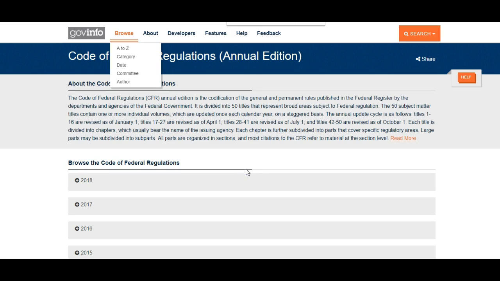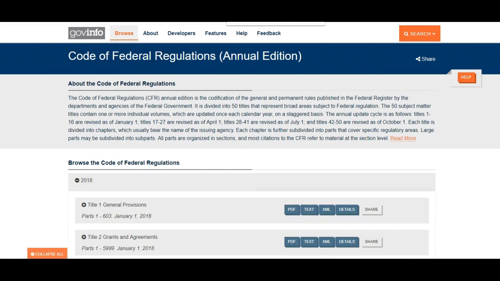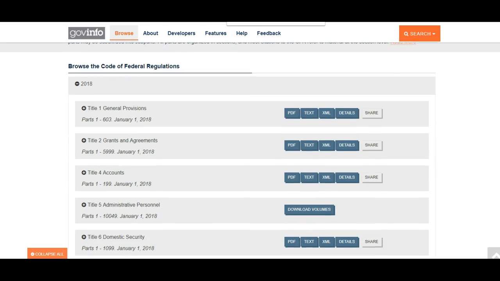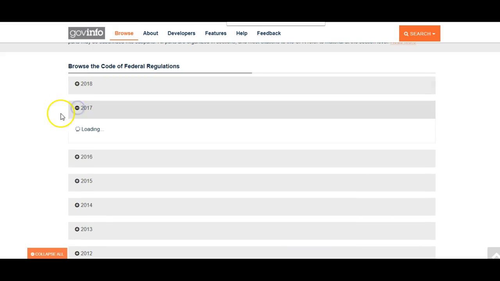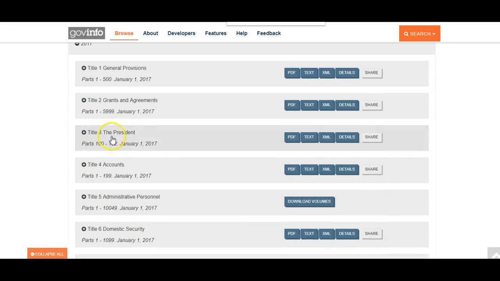Just as final regulations start in the Federal Register and then get codified into the Code of Federal Regulations, presidential materials, at least executive orders and executive proclamations, work the same way. Oh, see, it skips over Title III. Let's go to 2017. See, Title III is the president. A whole lot of clicking just to show you that, but okay. So again, Title III and the CFR also appear in the Federal Register, and those are the official sources.